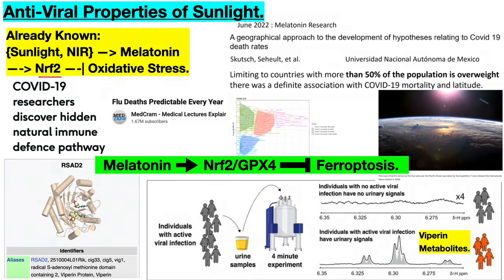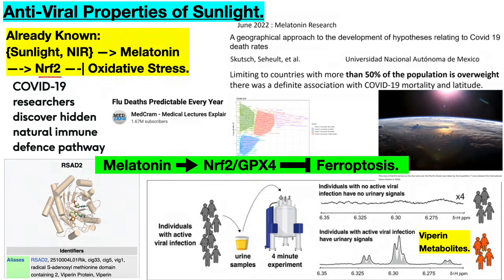This type of cell death occurring in the epithelial sheets of the lung and the gut are potential ways that bacterial and viral agents can penetrate into deeper tissues of these organs, leading to sepsis. And sepsis is a common driver of COVID mortality.